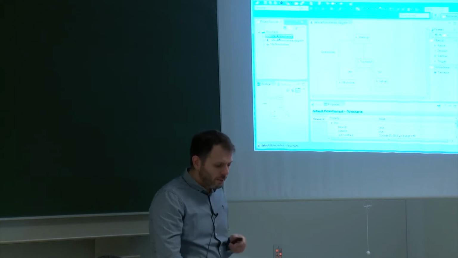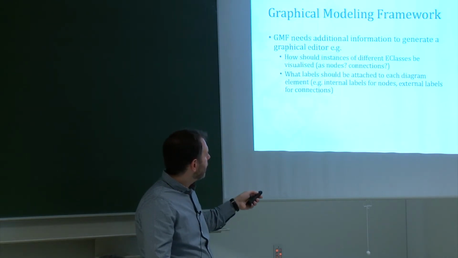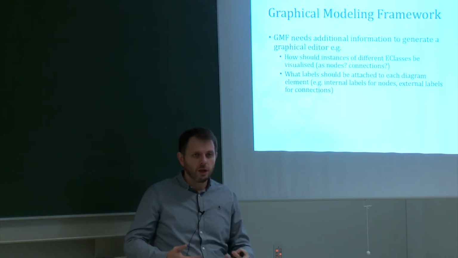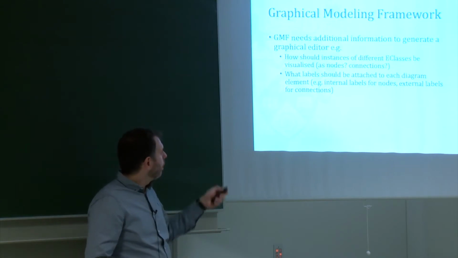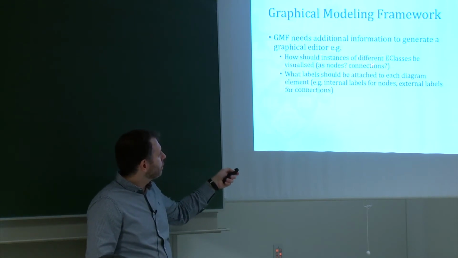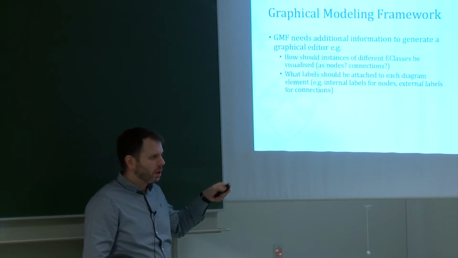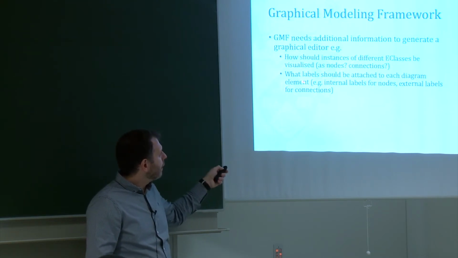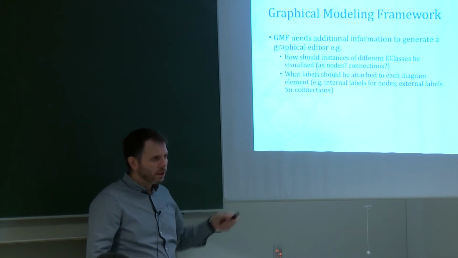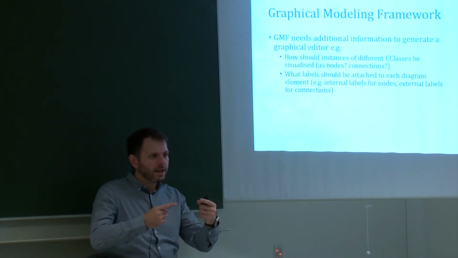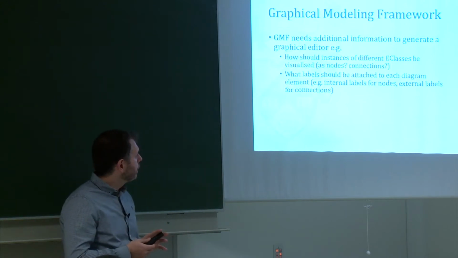So in order for GMF to be able to generate this nice editor, it needs additional information. Should each E-class be visualized as a node, as a connection? If we have labels, where should they be? Should they be internal to the node? Should they be external to the nodes?